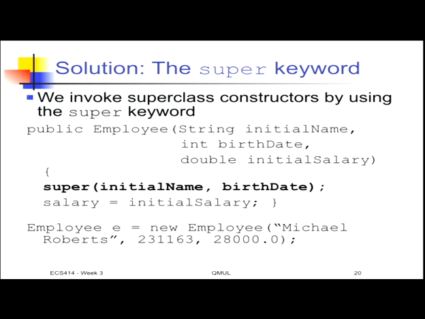So a subclass can extend only one superclass. Right. So it will look for, remember, you may have more than one constructor in the superclass, but because of overloading, they must differ in the number or the type of the arguments.